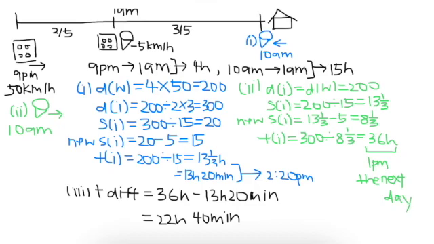Yes, this should be the answer: 2:20 p.m., 1 p.m. the next day, and 22 hours and 40 minutes. If you do a check, you realize that the time difference between these two is less than 1 day, which is about 22 hours and 40 minutes.